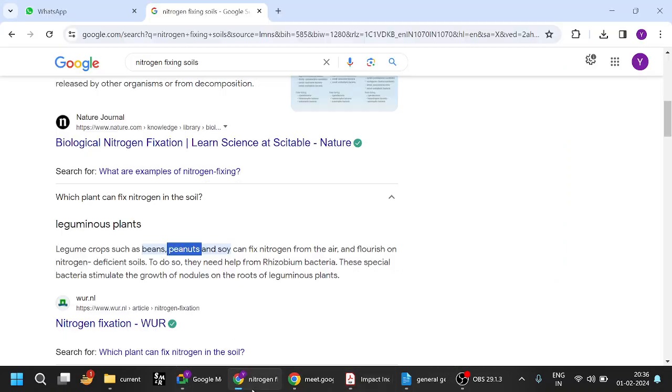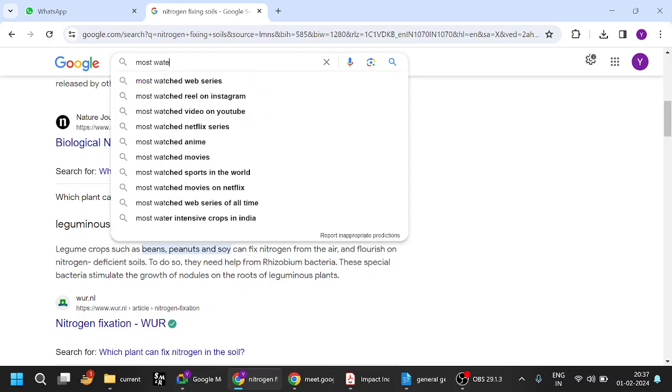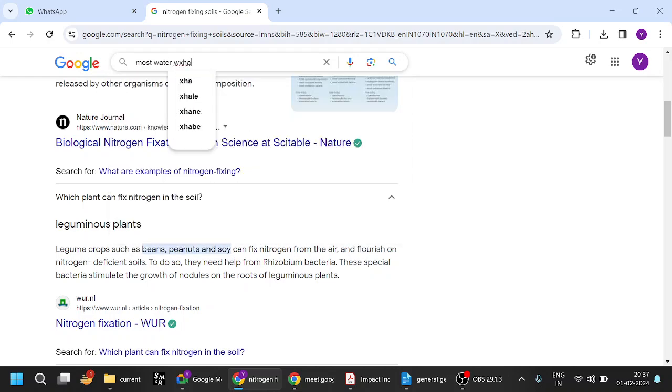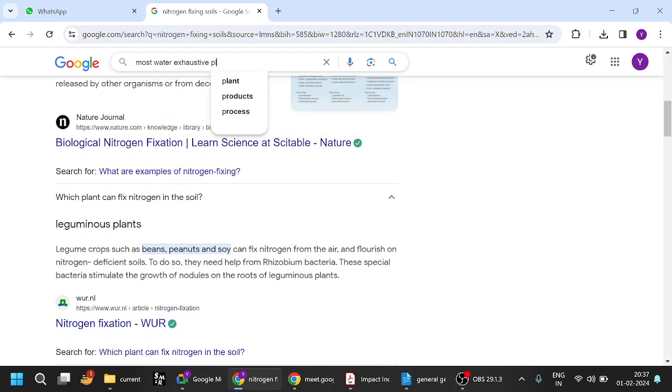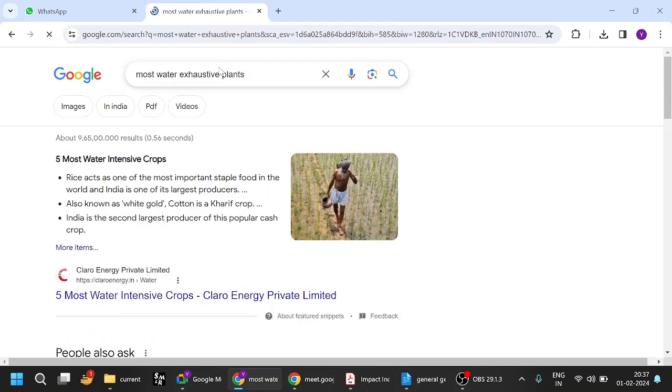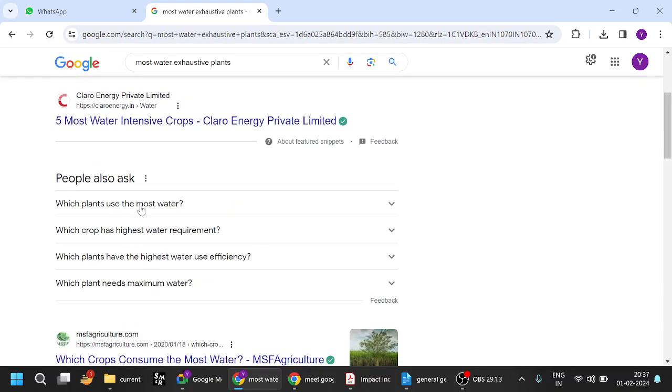Most water exhaustive plants are rice, water intensive, cotton, etc. So rice, wheat, cotton, all these crops are very water intensive.